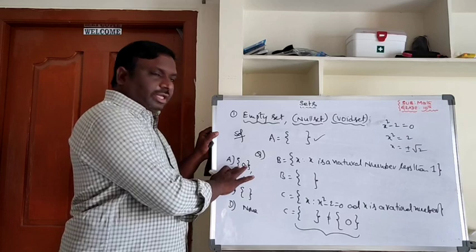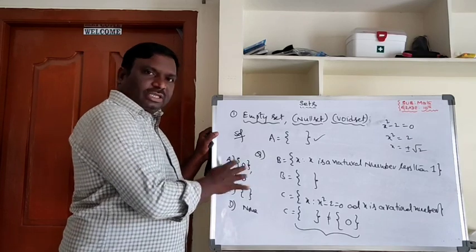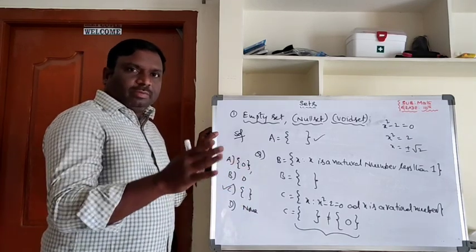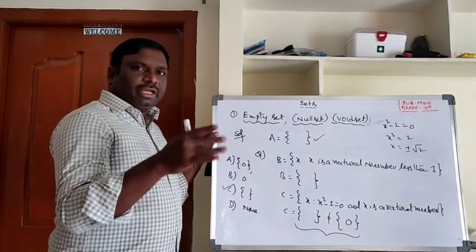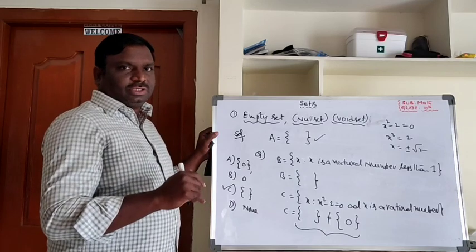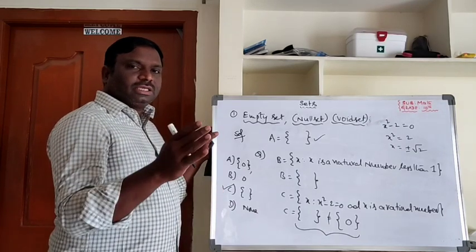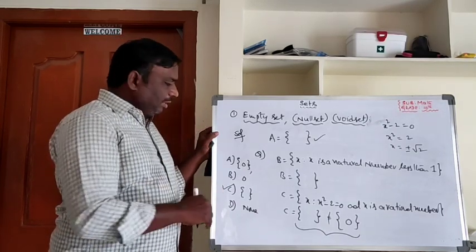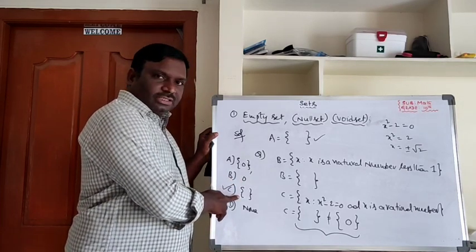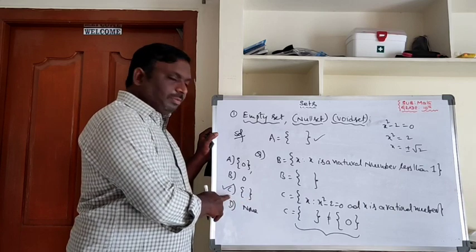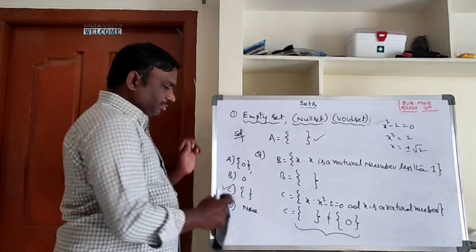That's why we cannot take option A. 0 is not a set. Set means elements should be represented and separated by commas within curly brackets. There is no curly bracket here. That's why we cannot say it is a set. Here it is a set. There is no element, that's why it is an empty set.